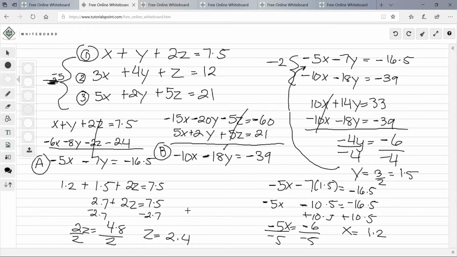So our solution set is 1.2, 1.5, because y is 1.5, and our z is 2.4. I've already put it back into the equations, and they all add up to give you 7.5, so I know this is true.